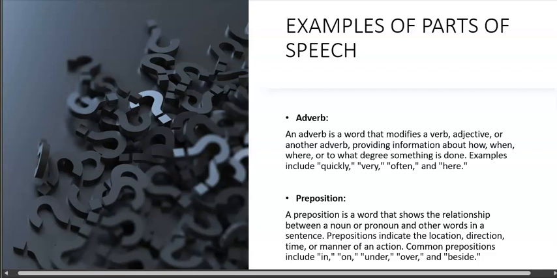Or the ball was thrown over the fence, something like that. So these are prepositions. We have prepositions of place, prepositions of time, prepositions of manner. Examples we have are in, on, under, and beside. Those are examples of the prepositions we have.